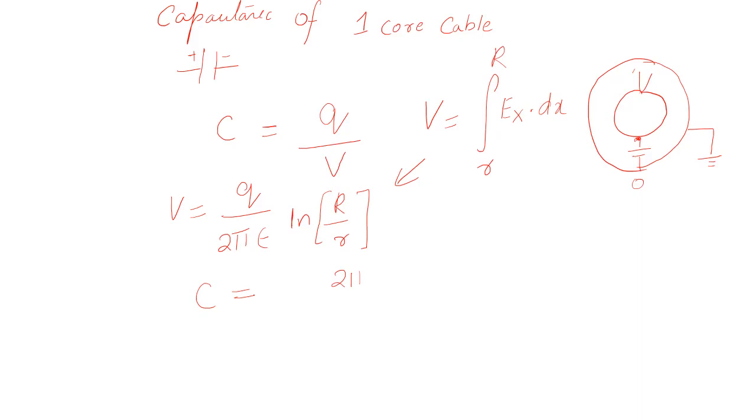If you reshuffle and put it in place, you get the capacitance value as C is equal to 2 pi epsilon naught epsilon r, divided by ln of R by r, right?